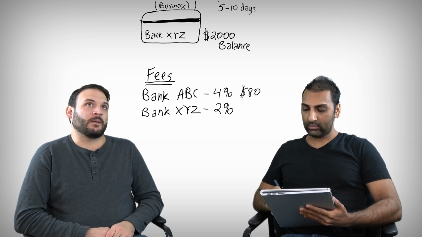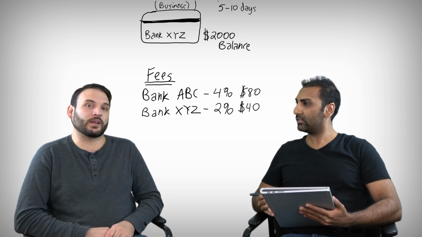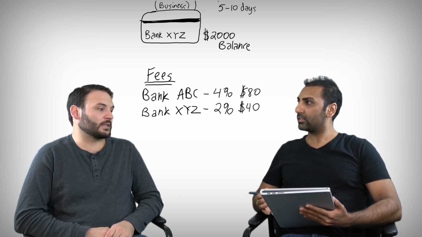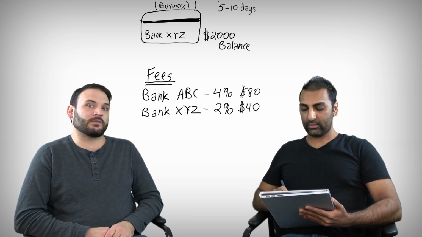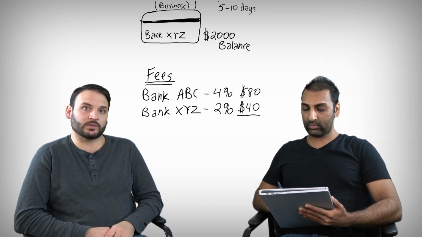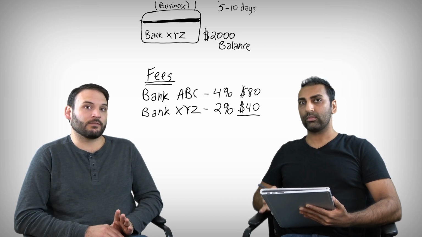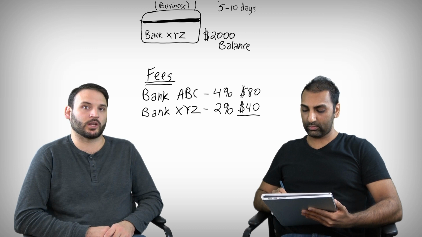So the balance of $2,080 after a 2% fee, that's about a fee of $40 that you're going to incur when you transfer the debt to Bank XYZ. So by the time the balance is finished transferring to Bank XYZ, the new balance on Bank XYZ is going to be $2,080 plus $40, the balance transfer fee, equals a new balance of $2,120.